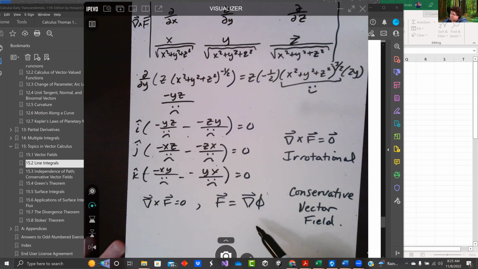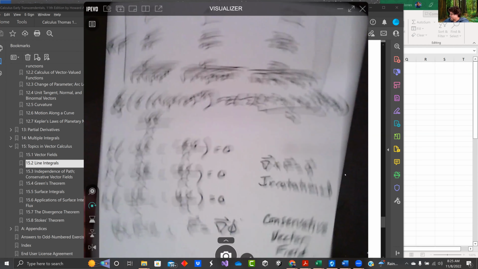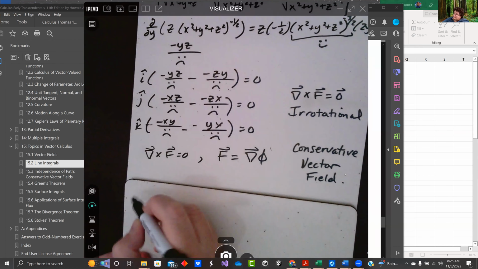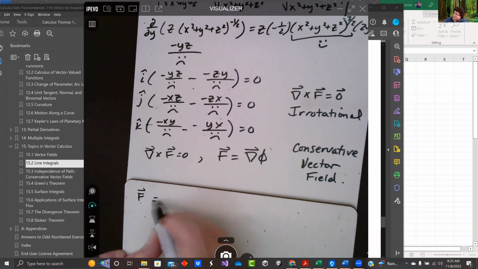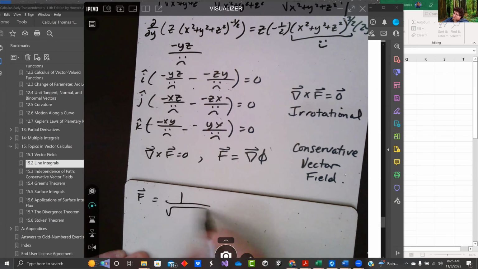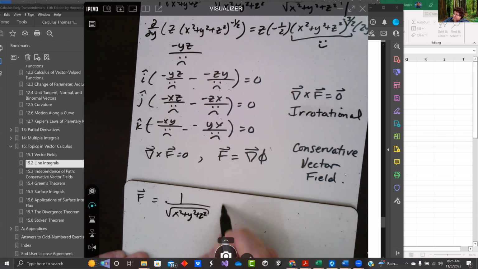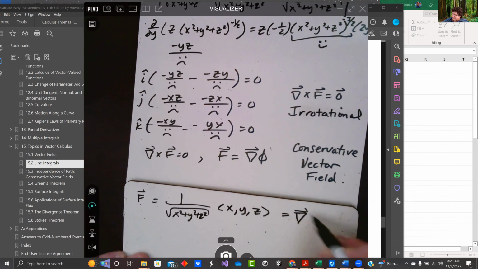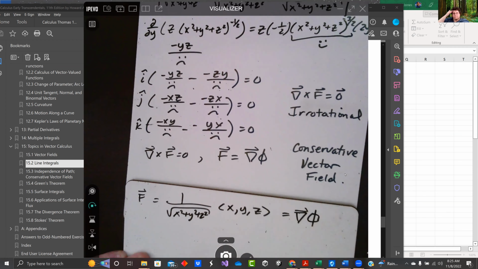So we had f was 1 over square root of x squared plus y squared plus z squared, times (x, y, z). Can we find phi? That's our next step, finding phi.